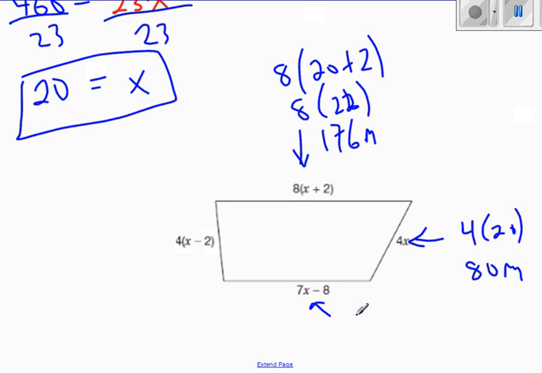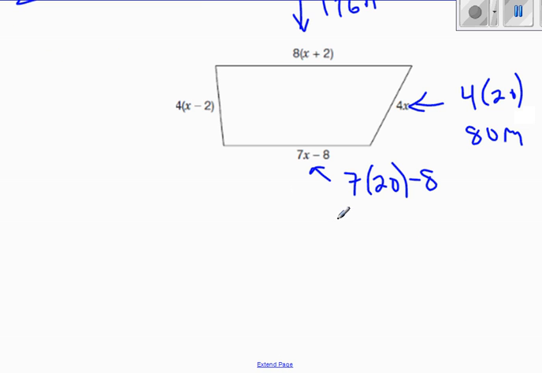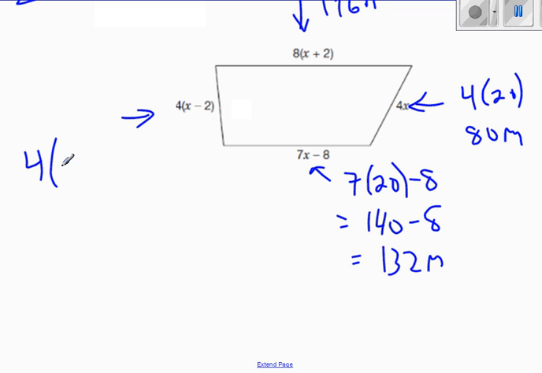This side says 7 times x, subtract 8. So 7 times x is 140. 140 minus 8 is 132 meters. And then finally, this side says 4 times x minus 2. So that becomes 4 times 18. And 4 times 18 is 72.